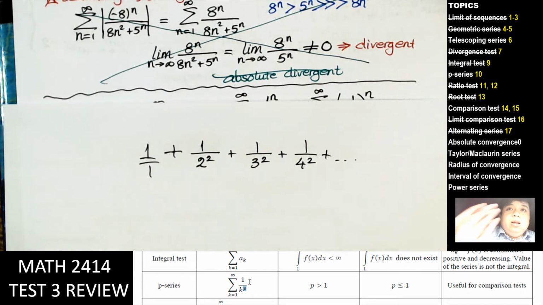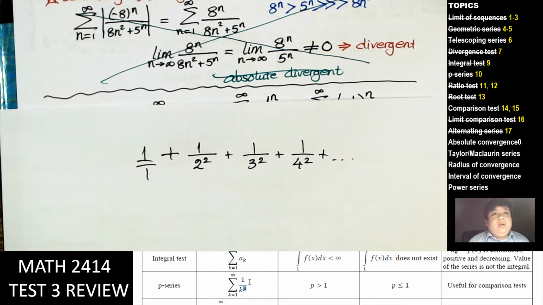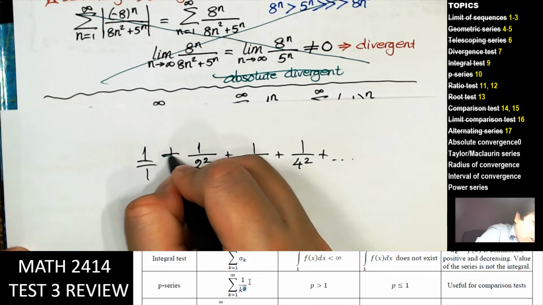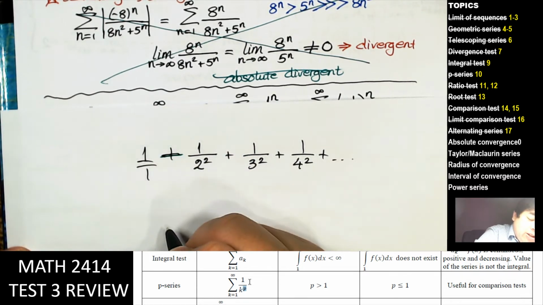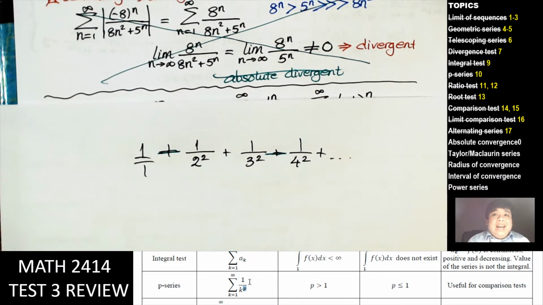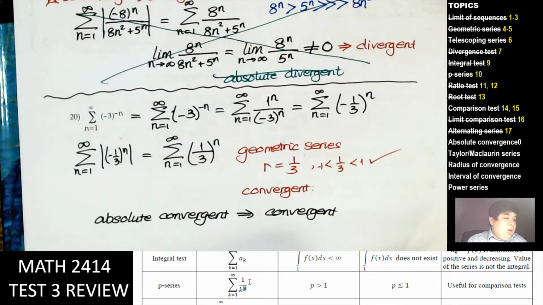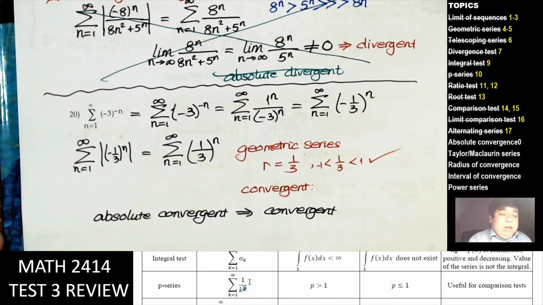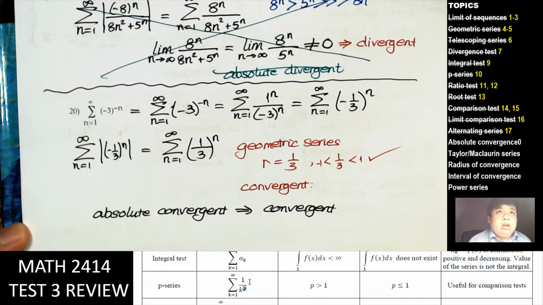This one is convergent because the P series when P equals 2 is convergent. Now, if I just change the sign to negative on every other term, we even get a smaller number than this, which is still convergent.